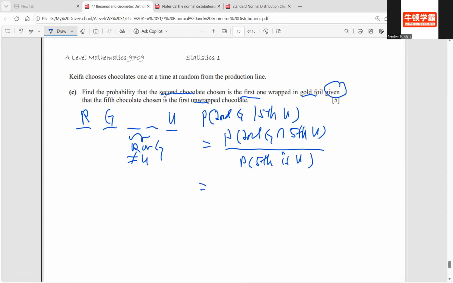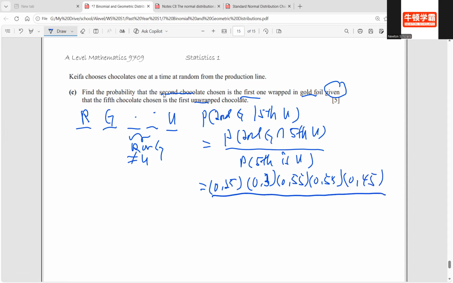The first one is rate, 0.25, multiplied by G, which is 0.3. Just now I said that here is not U, so it is 0.55 and 0.55, because we have two places here. And then the U is 0.45.